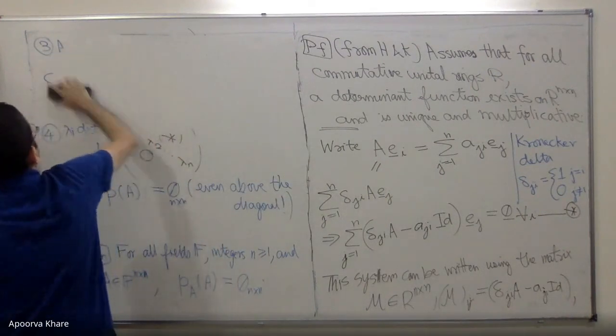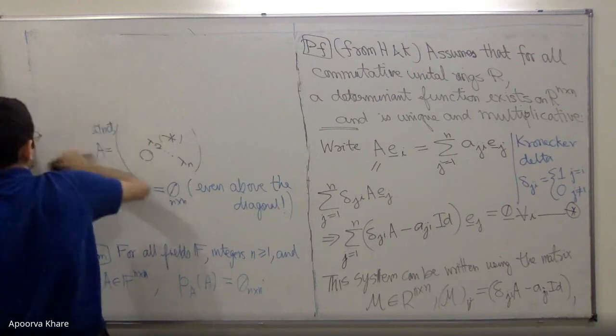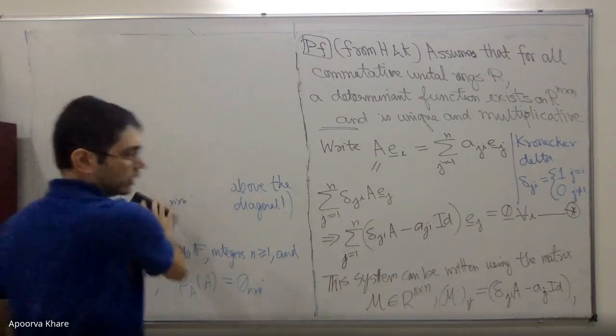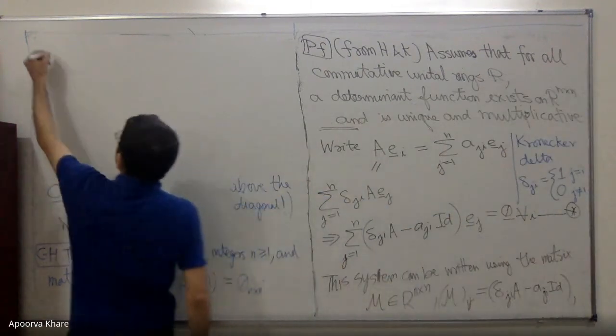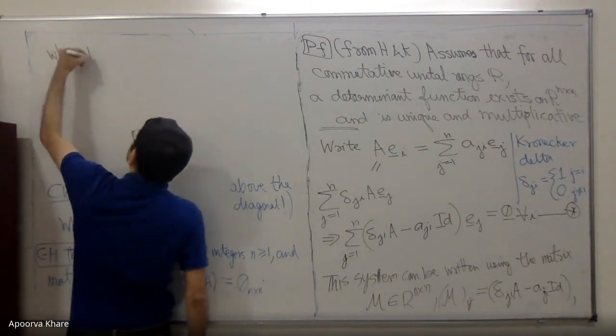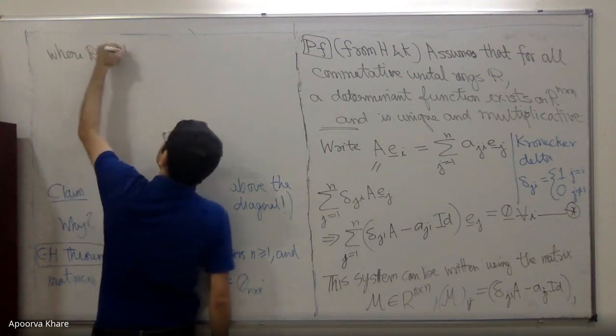I don't know why Hoffman and Kunz want it to be the smallest such ring and this and that. Who cares? It doesn't matter. I can say that R is F to the n cross n.